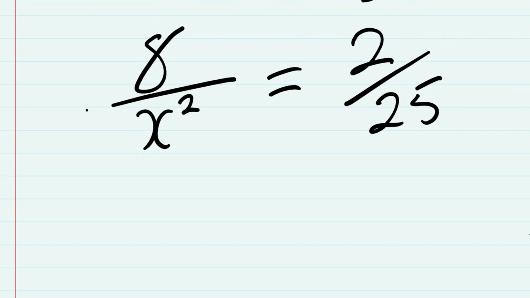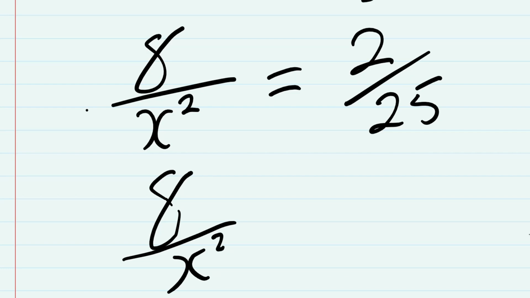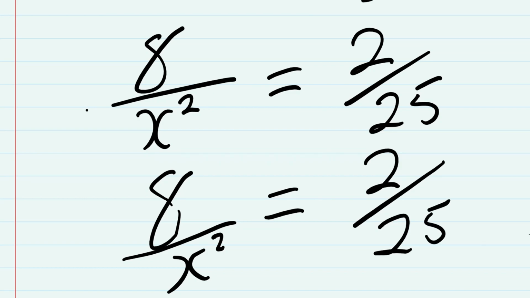So right here, what do we do at this junction? I'm going to repeat what I already have right here, because I'm going to establish something new, right? Most of us don't really know how to approach this. But for me to do that, I'm still going to repeat this same equation right here. I have 8 over x to the power of 2 equals 2 over 25.